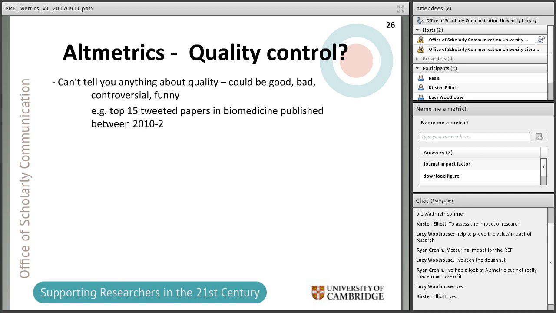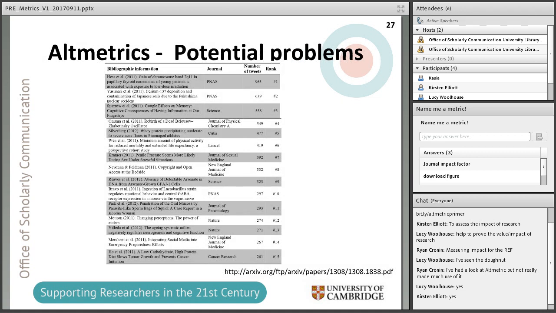So, as I was saying, it can't tell you anything about quality unless you're prepared to drill down. It could be good, it could be bad, it could be funny. And this is my favourite example, because I'm completely juvenile: the top 15 tweeted papers in biomedicine published between 2010 and 2002.